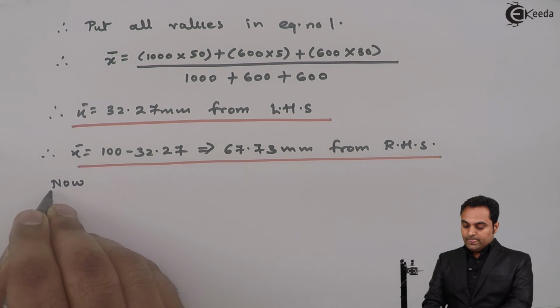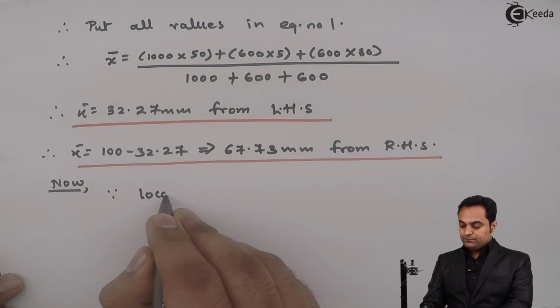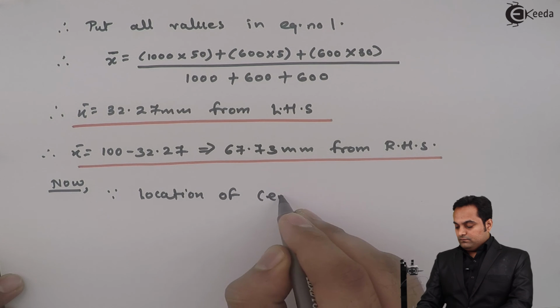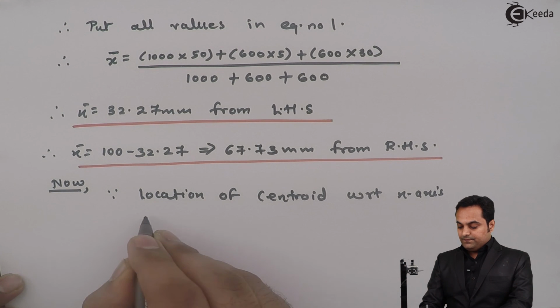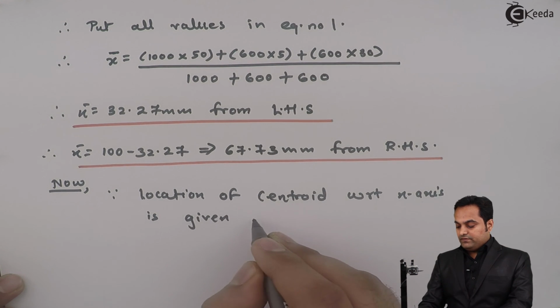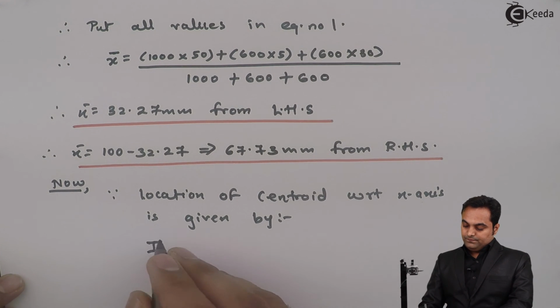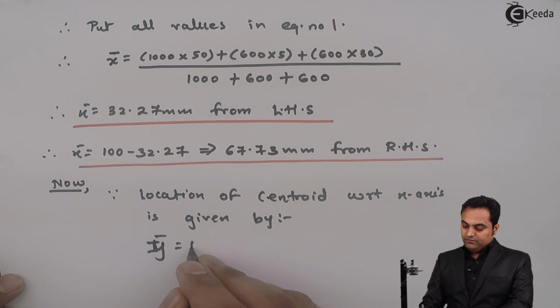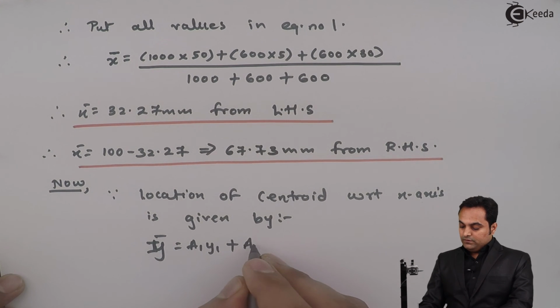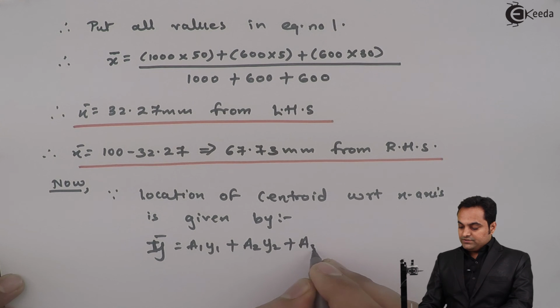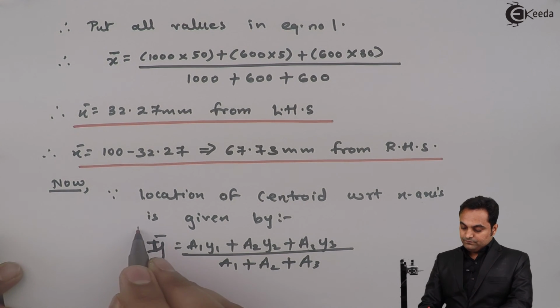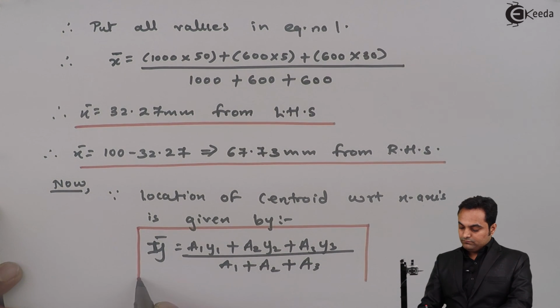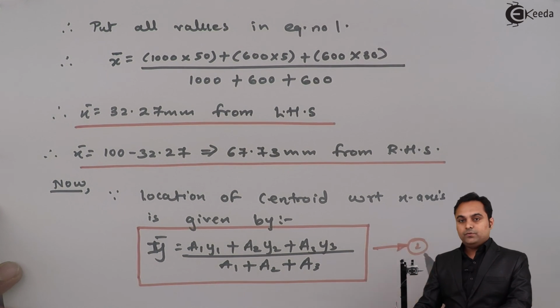Since location of centroid with respect to x-axis is given by y bar is equal to a1 y1 plus a2 y2 plus a3 y3 upon a1 plus a2 plus a3, keeping this as the second equation.